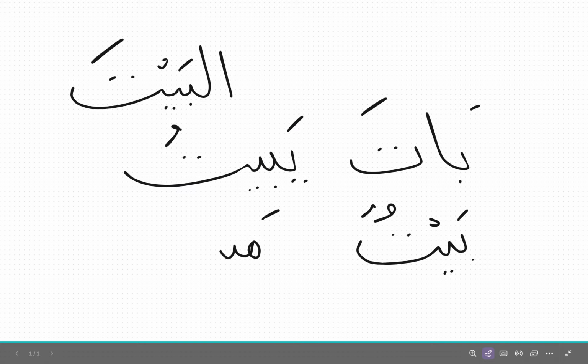And you also have the word mabit, mabitun, which came in the hadith where the Prophet ﷺ was speaking about the shaitan. He said, if the person enters into his house and says Bismillah, then the shaitan says, لا مبيت لكم الليلة, you have no place to stay for the night, because he said Bismillah when he entered the house.